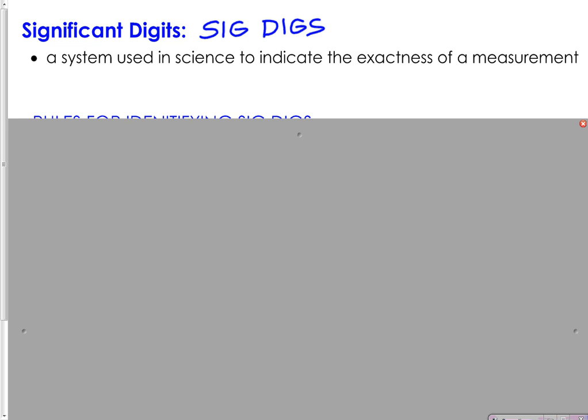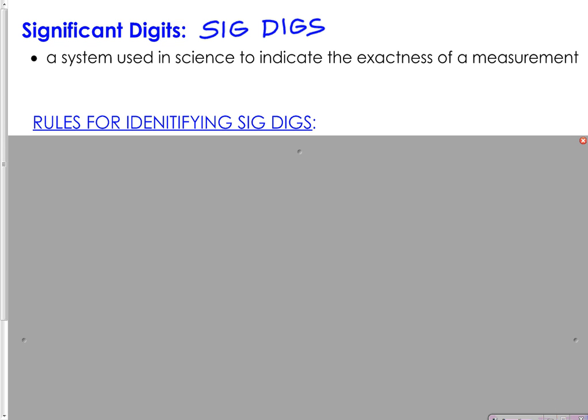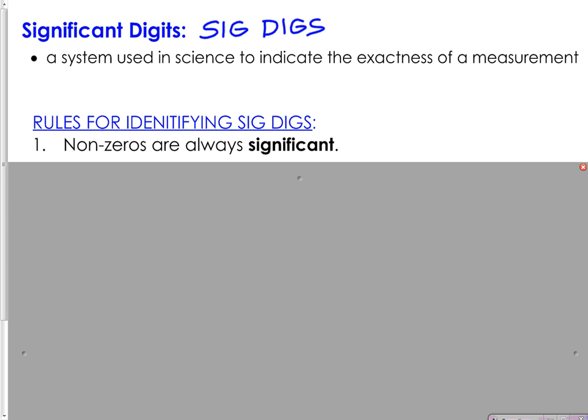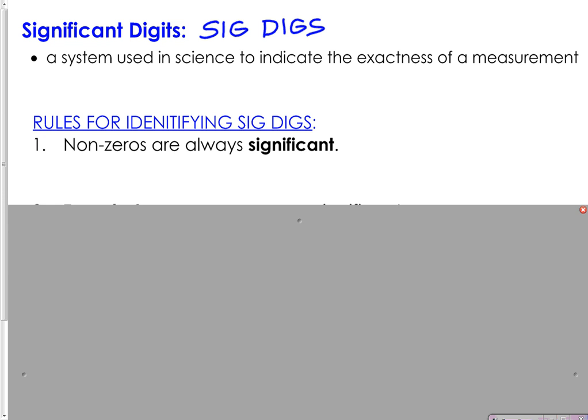Now, the first thing we want to do is know how to identify what digits are significant and which ones aren't. And you're going to learn really quickly that the things that become a pain are zeros. The first rule is just telling you that non-zeros are always significant.